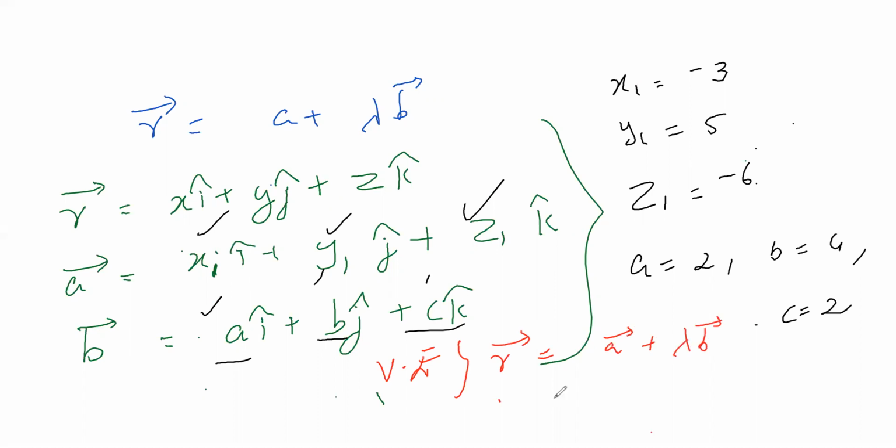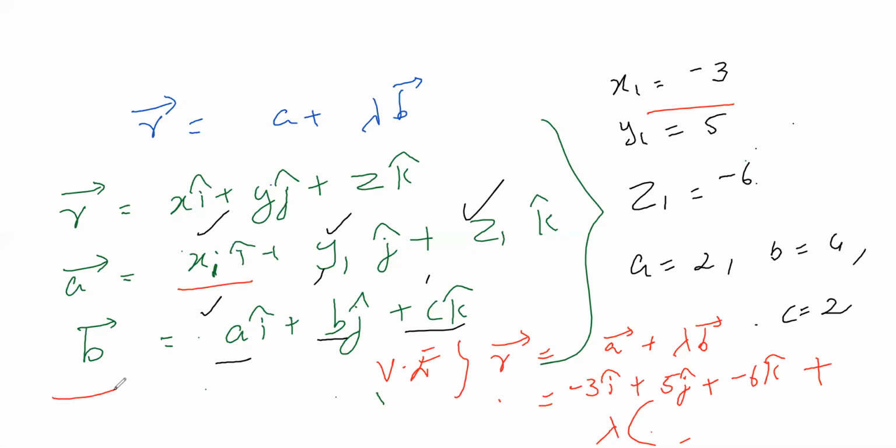What is my a vector here? a vector is x1i, and x1 is minus 3, so −3i + 5j + (−6)k + λ times b vector, which is ai + bj + ck. What is my a value? 2. So 2i + 4j + 2k respectively. r = a + λb.